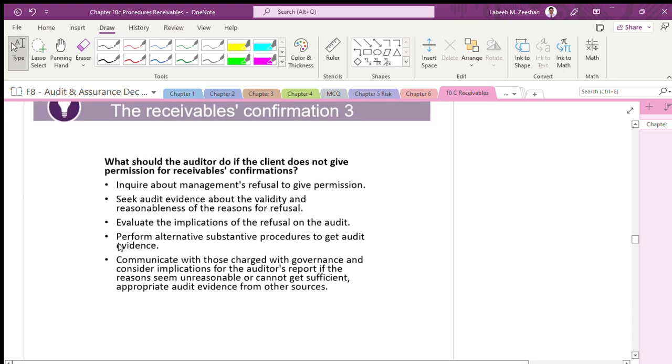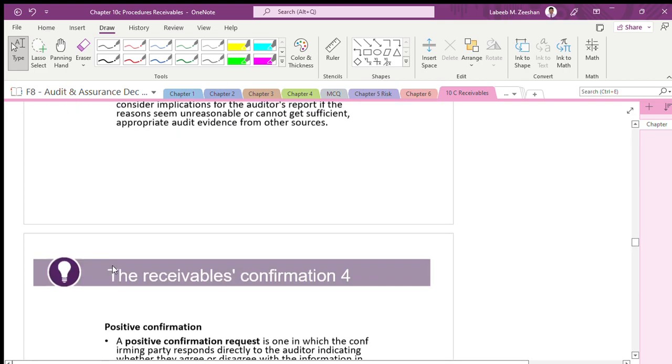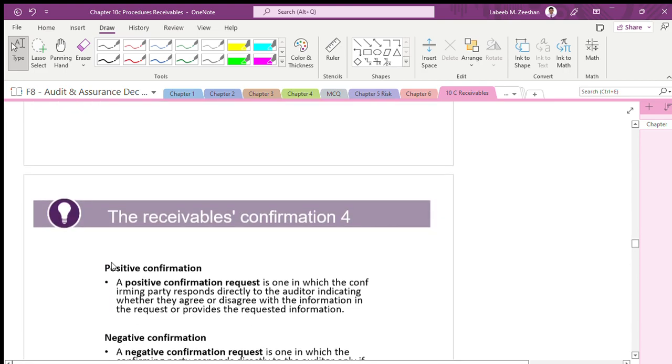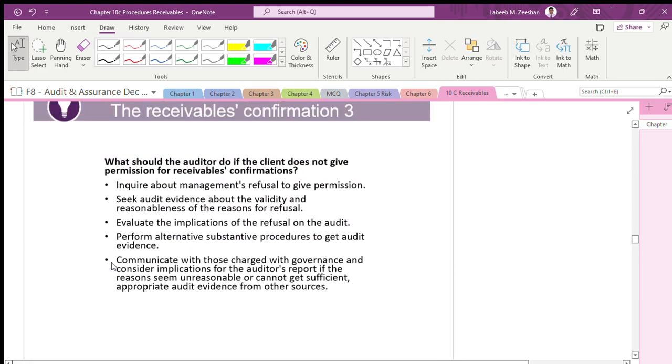What is positive confirmation, and what should the auditor do if the client does not give permission for receivables? Sometimes it happens that clients say they will not give permission. What will the auditor do? That's very important. Before we talk about positive and negative in the next stage, it's a very critical case.